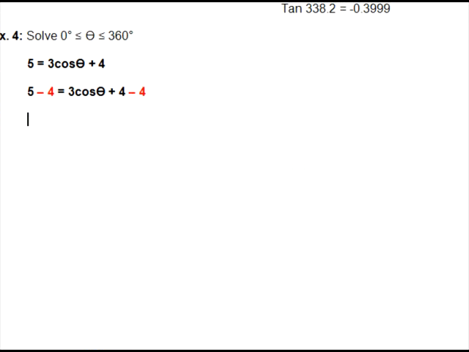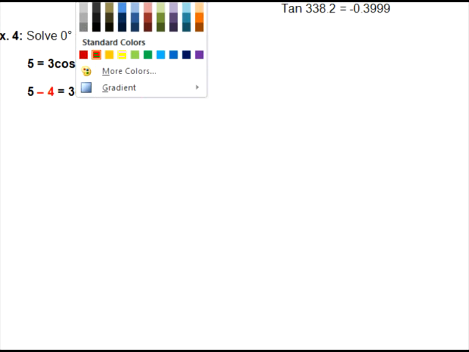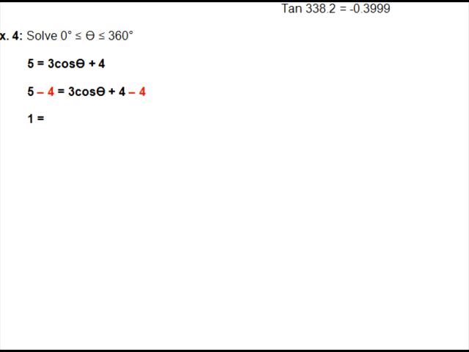Okay, great. Kilty, 5 minus 4 is? Good, 1. So I'm going to say 1 equals 3 cos theta. Callan, if that was 1 equals 3x, what would you do?